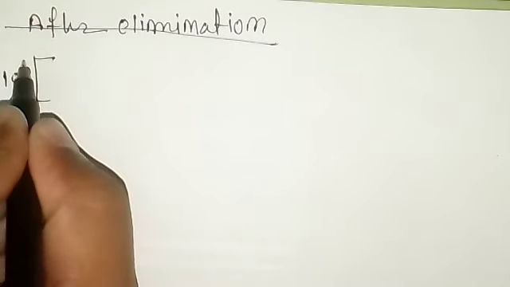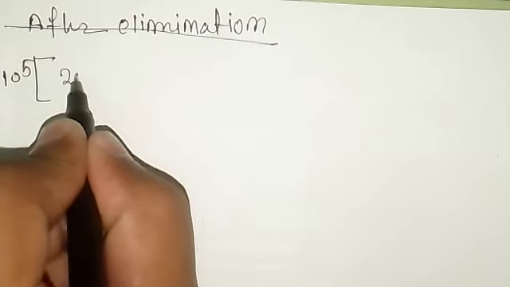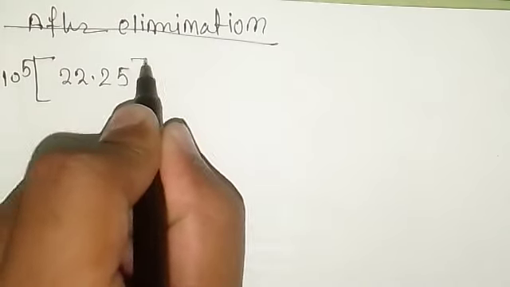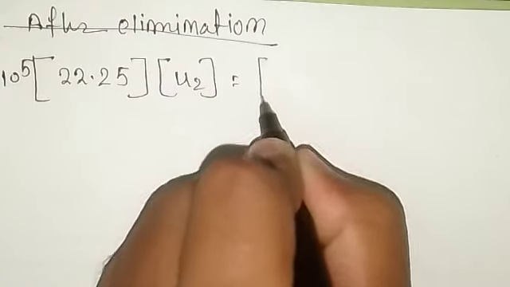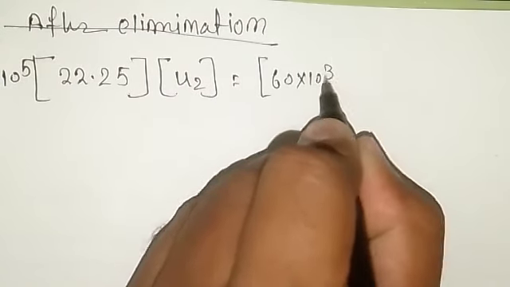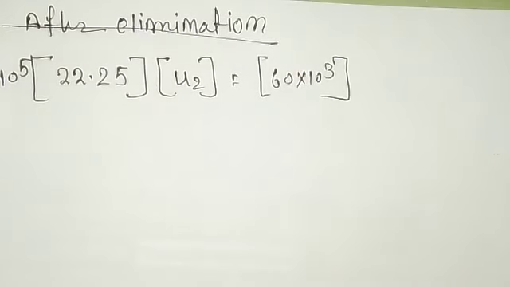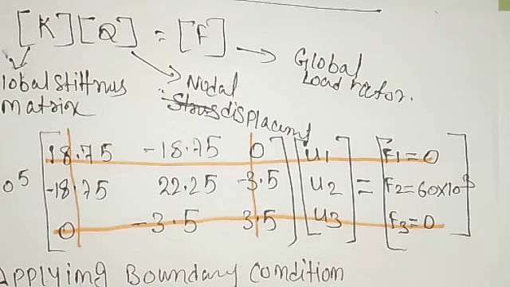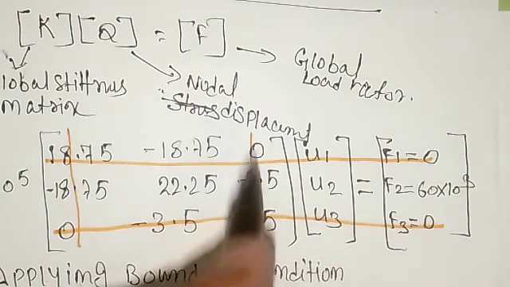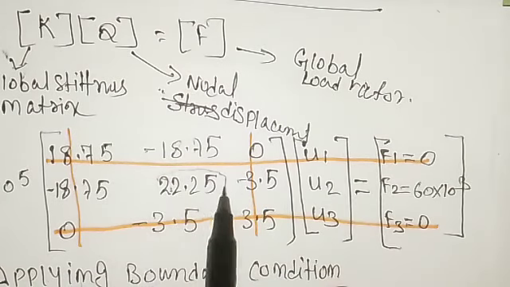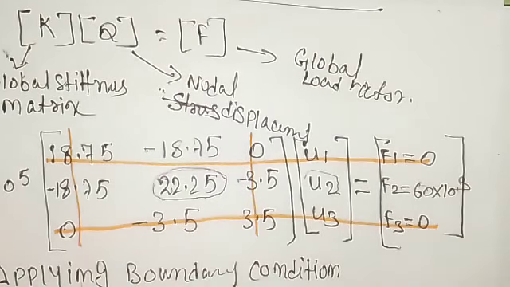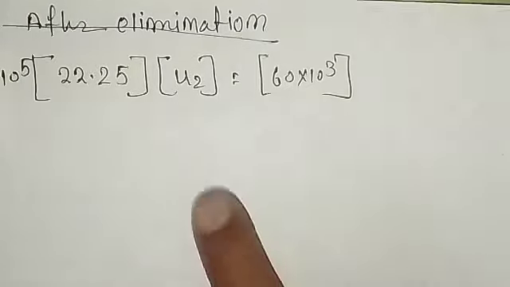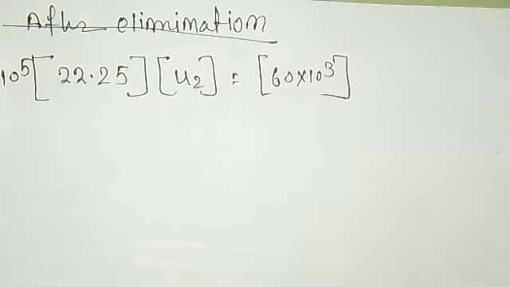This is 10 to the power 5, and the only element which is left out, 22.25, into u2 is equal to f2, that is 60 into 10 to the power of 3. I will show you again. See here how we have eliminated. We have eliminated the first row, first column, third row, third column. So only this element is left out, which is 22.25, and the u2 and this particular 60 into 10 to the power of 3 Newton. So we can simplify this and we'll get the nodal displacement at 2.